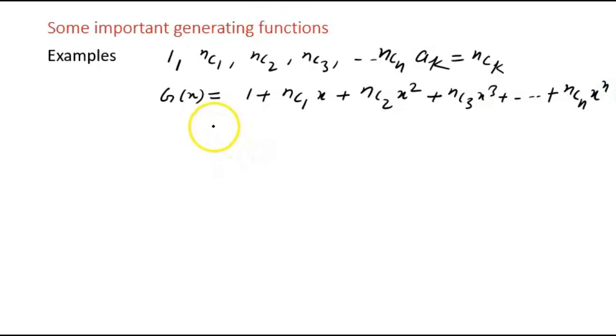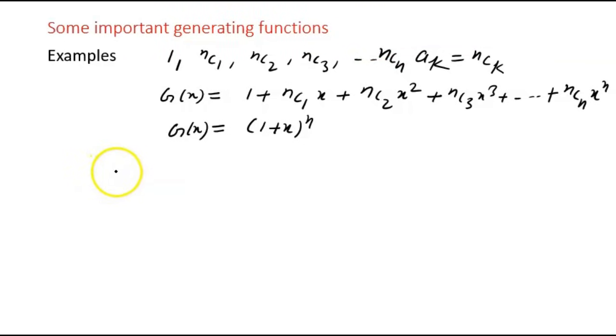If I remember the binomial expansion, I can clearly see that this can be written as (1 plus x) to the power n, right? So (1 plus x) to the power n is a generating function which generates the sequence 1, nC1, nC2, nC3 and so on up to nCn, right?